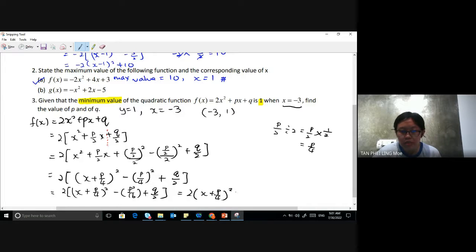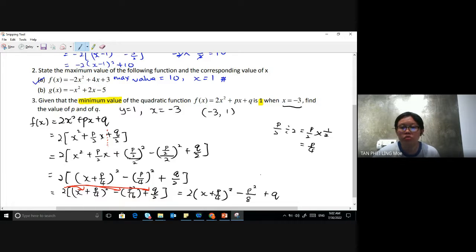And then this one, let me show with red pen, expand one term, two terms, three terms. So this one becomes minus p square over 16 times 2. 1 over 16 times 2 is 8. Plus q over 2 times 2 is plus q.